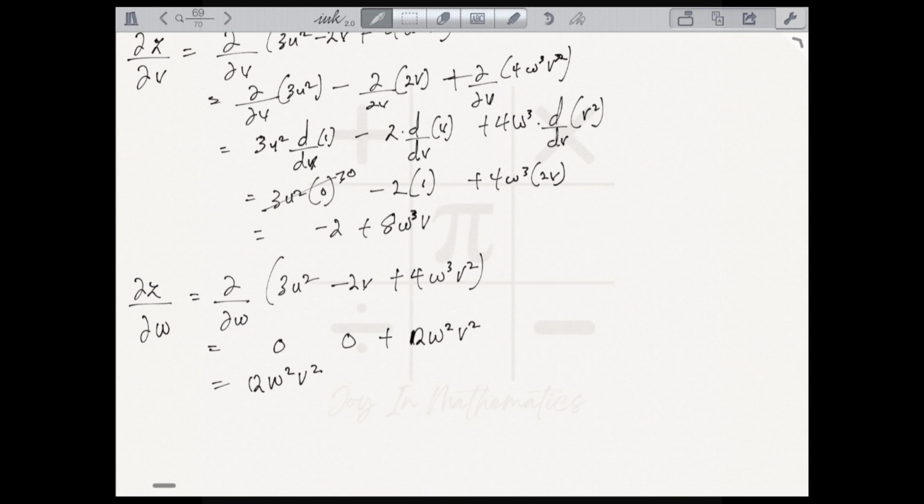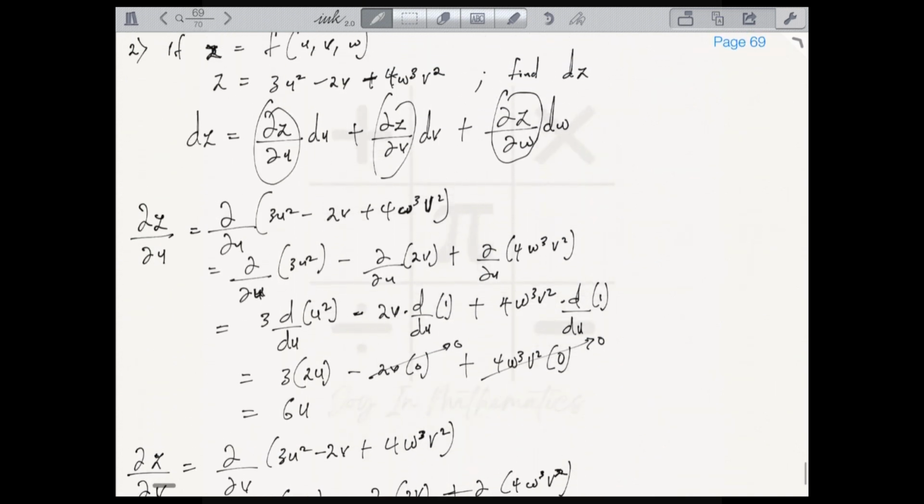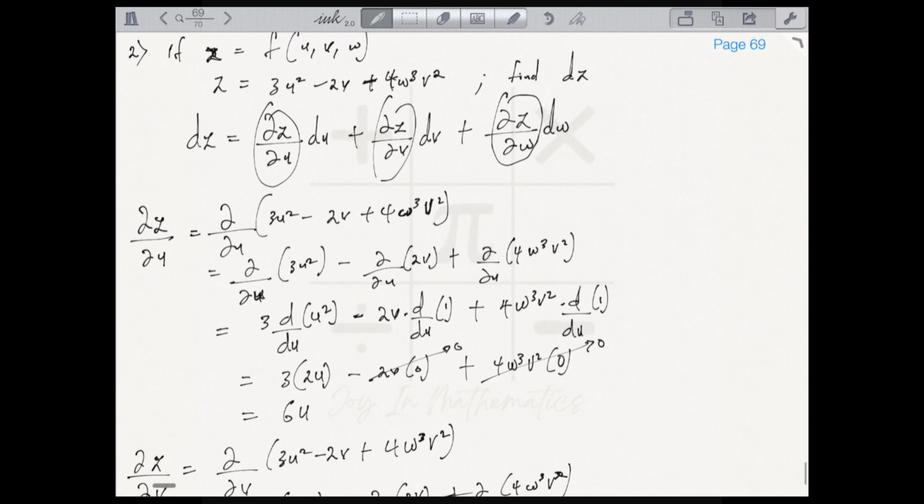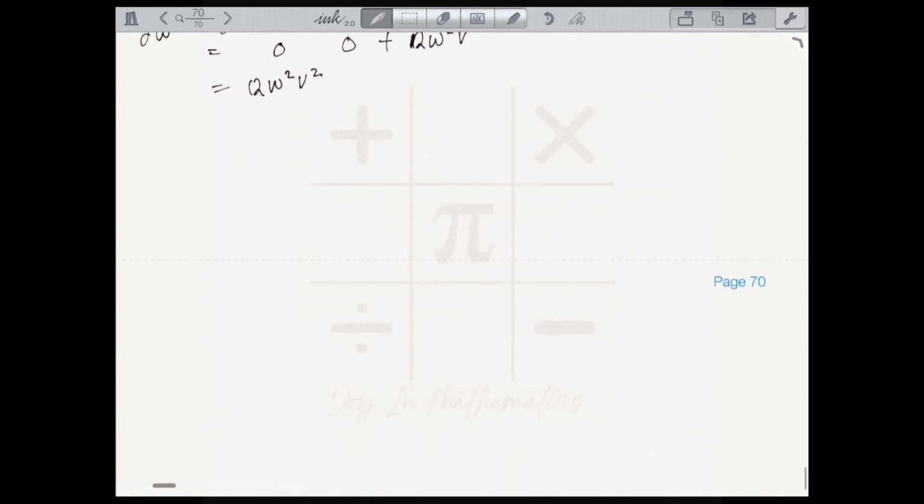So let's go back to our formula for the total differential dz. We recall that it is this: dz is equal to the partial derivative of z with respect to u times du, plus the partial derivative of z with respect to v times dv, plus the partial derivative of z with respect to w times dw.